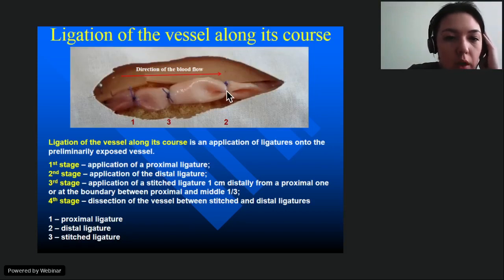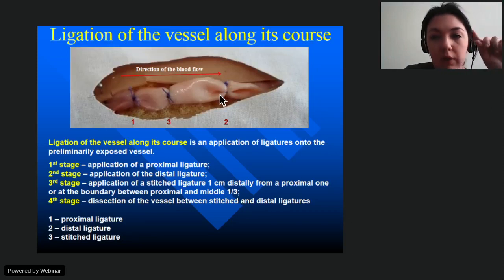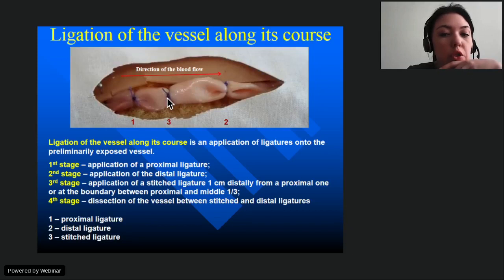Then the third stage, application of a stitched ligature, one that passes through the lumen and pierces the walls of the vessel 1 centimeter distally from the proximal one, or at the boundary between the proximal and medial 1/3. And the fourth stage is dissection of the vessel between the stitched and distal ligatures.